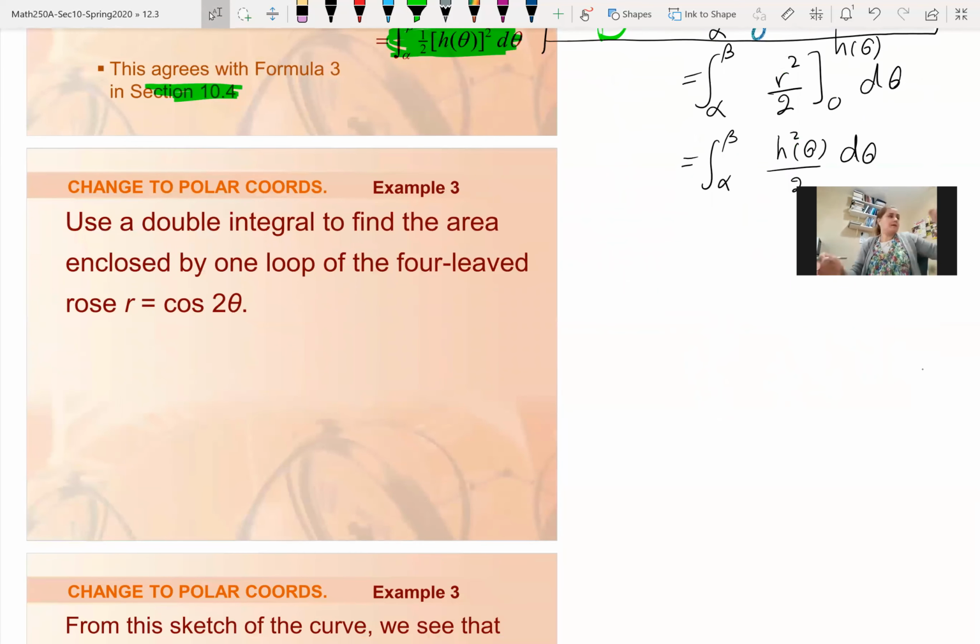As an example, let's find the area of this curve in polar. Again, if you don't remember how to graph it, it's fine.